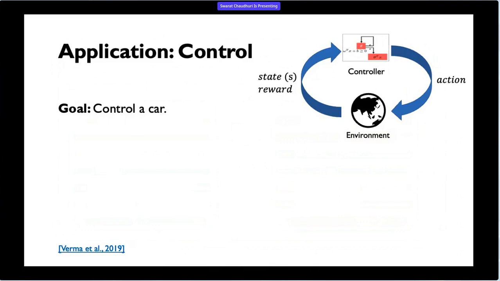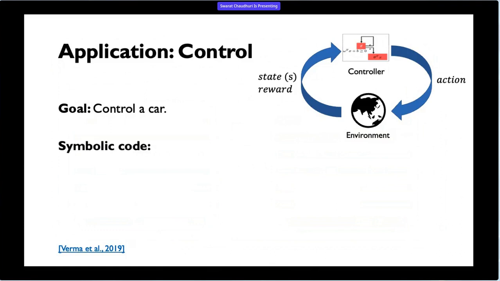And at each point of time, the car is taking an action. And as a result, the state of the environment is being updated, and you're also getting a reward out of this. Now, more technically, you can model this as a Markov decision process, which is the standard formulation that is used for policy learning, reinforcement learning, and so on.